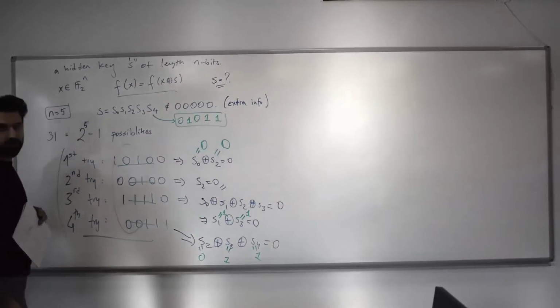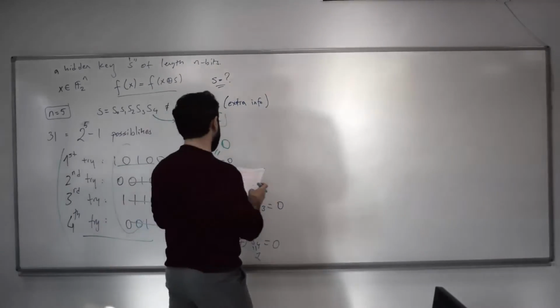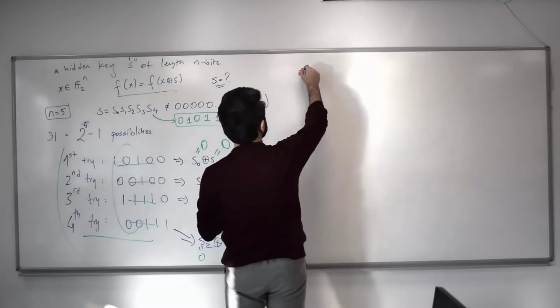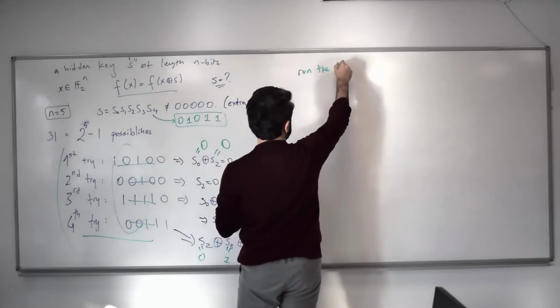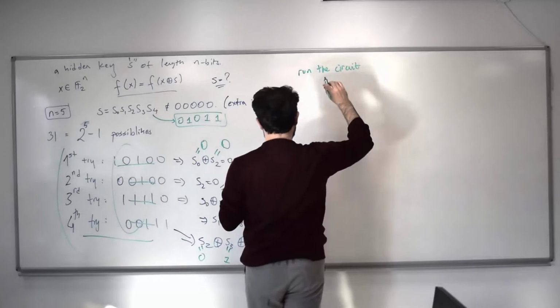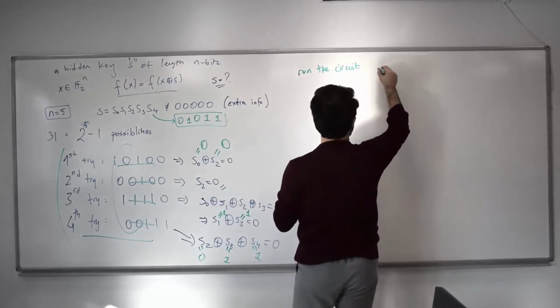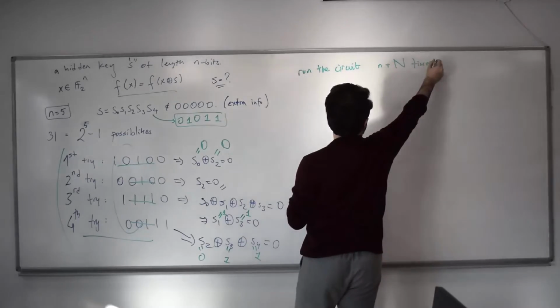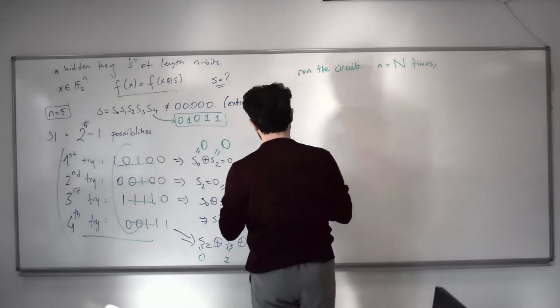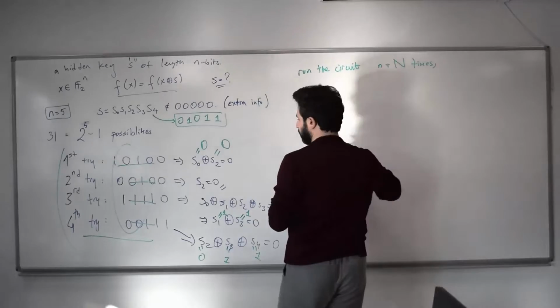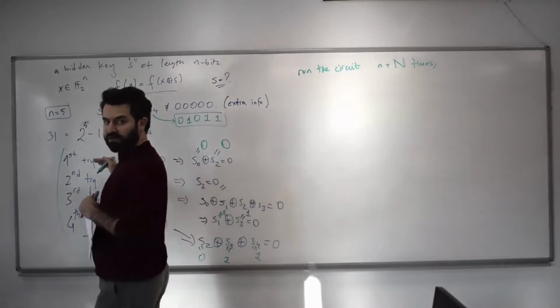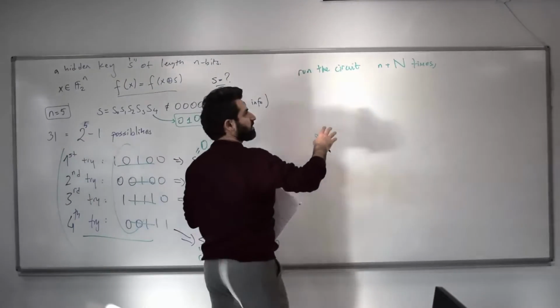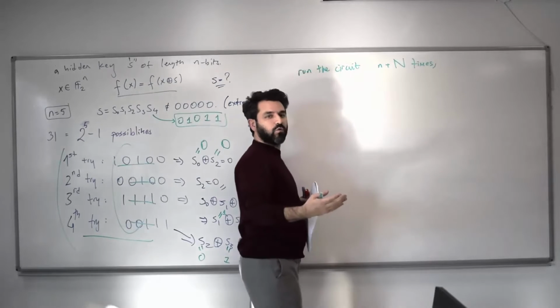So if you assume that you run the circuit n plus capital N times. Okay? This actually means what you're looking for is to find out of these, because each one of them defines an equation.